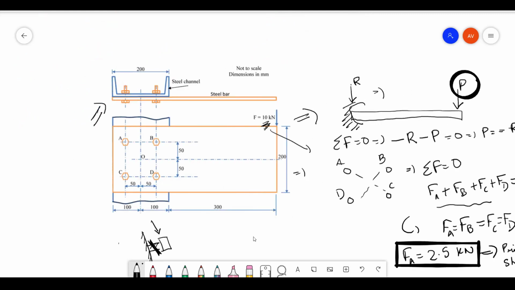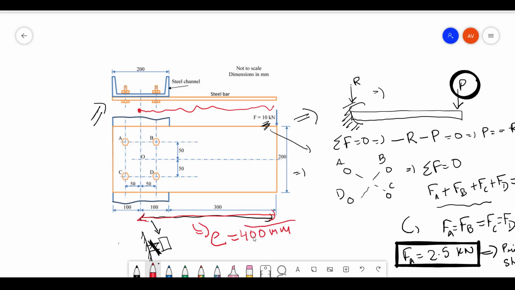Your E is this distance. Alright, let me highlight it nicely. So your E is this distance, that is the distance from the load to this central axis. So your E is going to be how much? 300 plus 100, so 400 mm.